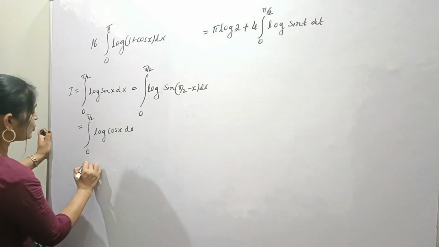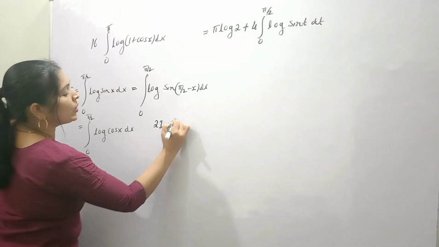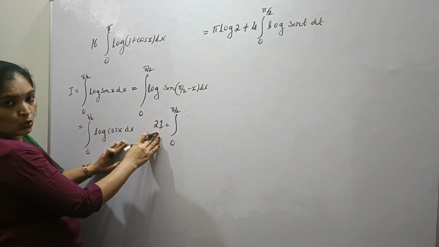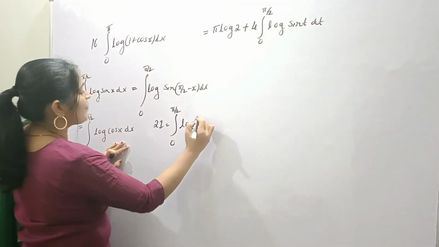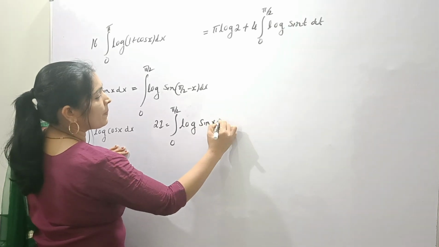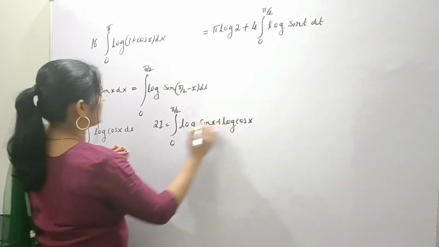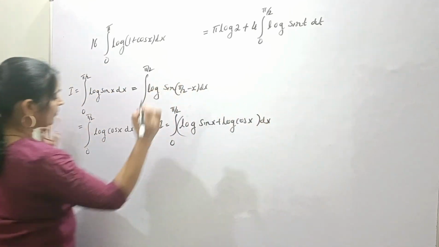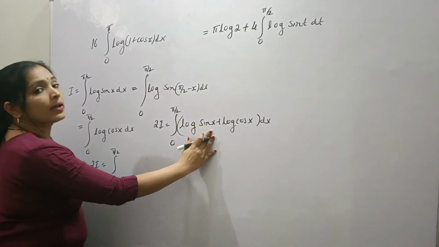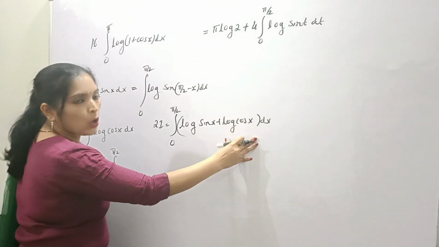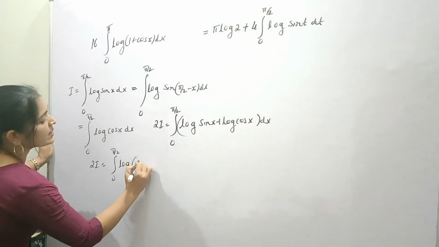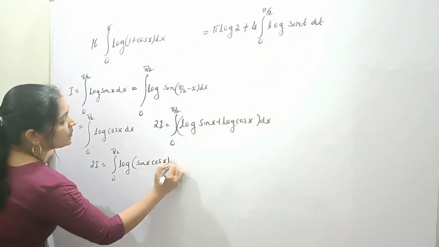Limits are the same, therefore we can write directly 2I is equal to integral 0 to pi by 2 of log sin x plus log cos x dx. Apply logarithmic rules: log x plus log y is log of x into y. So log of sin x into cos x dx.